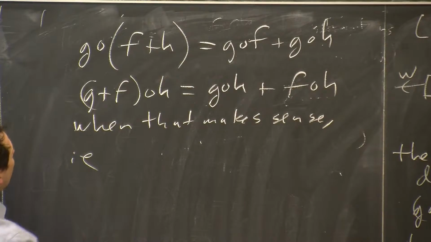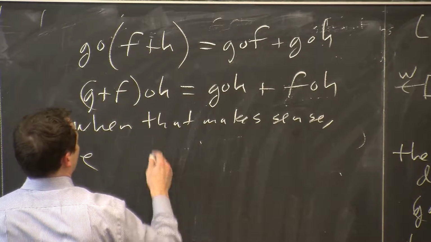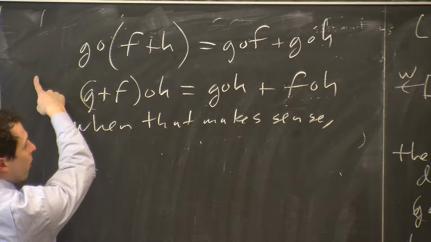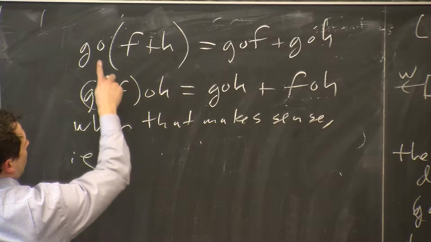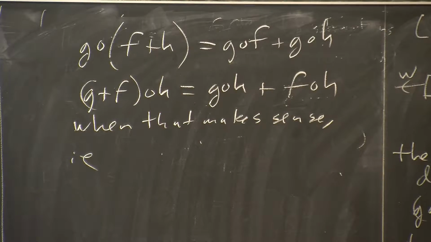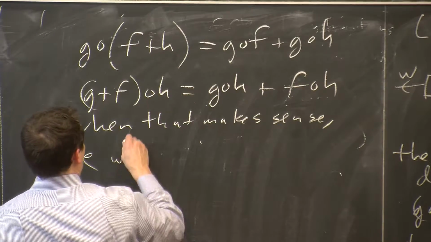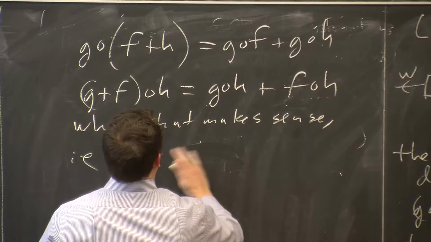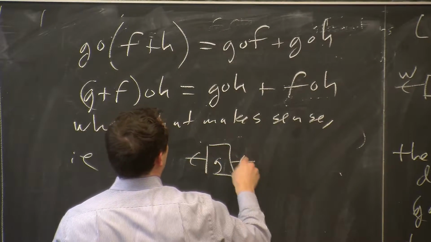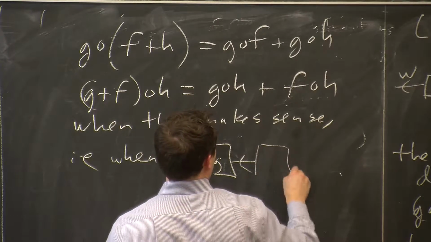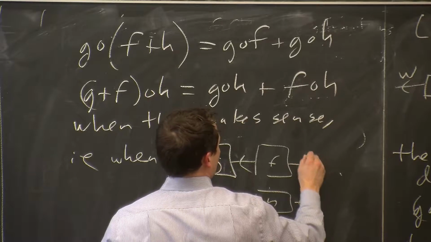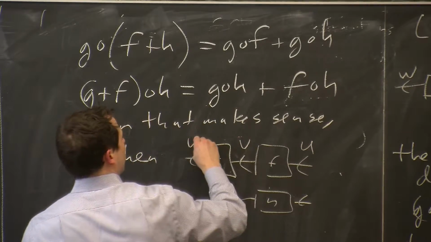I.e. when f and h both go from some space to another so that you can add them, and g eats whatever the output of that is. Takes it. So let's say when we have g here, and here we could put f or h, and maybe this is U, V, W. Okay.